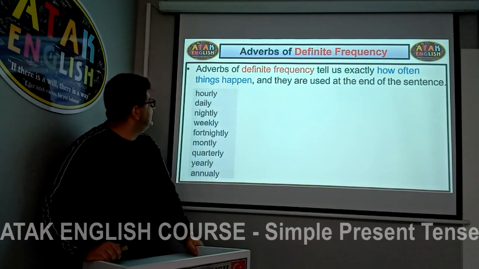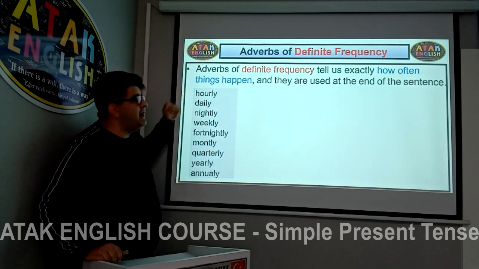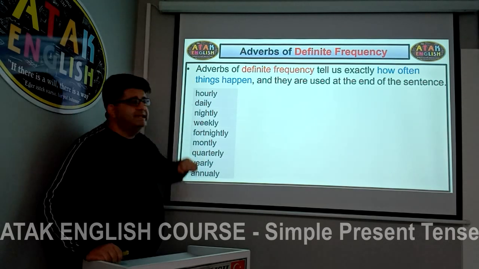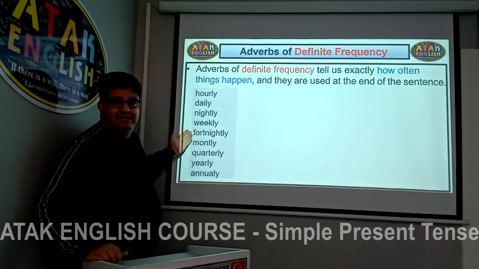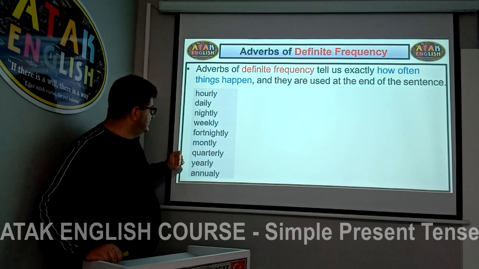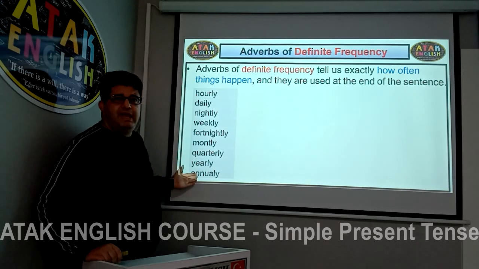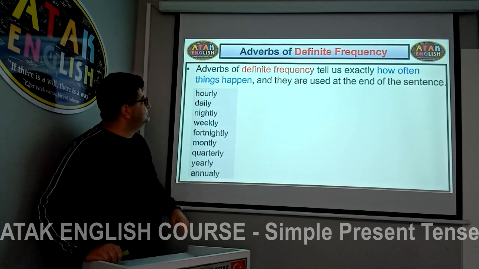Let's get back. Okay, examples for definite frequency: hourly, daily, nightly, weekly, fortnightly, monthly, quarterly, which means every 3 months. Yearly and annually are almost the same.